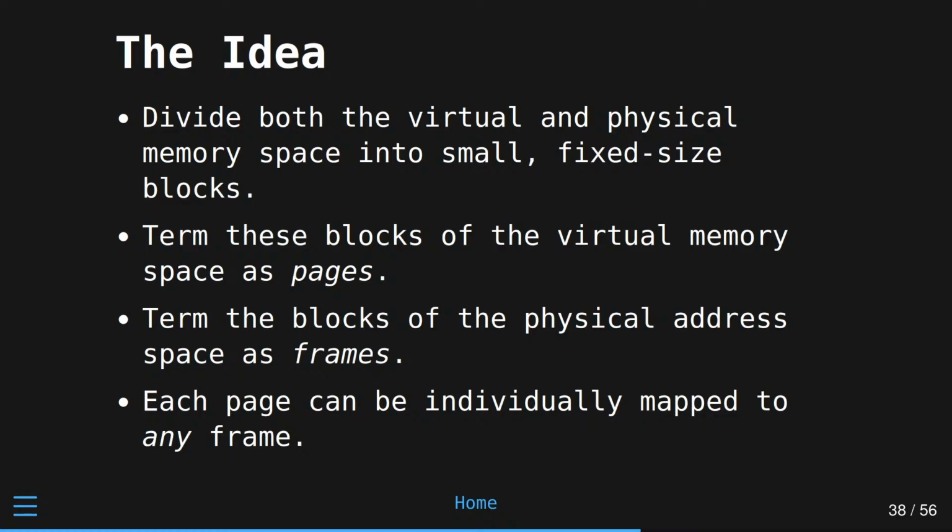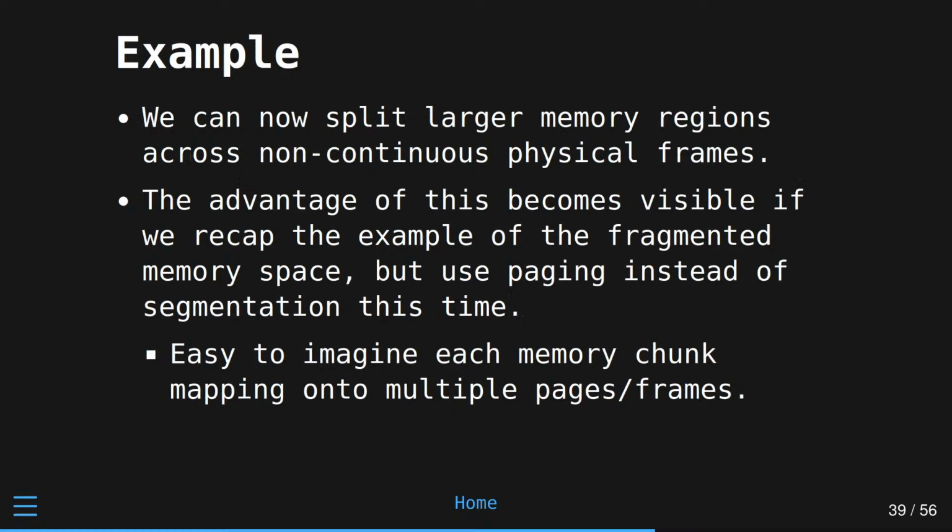So it is perceived as contiguous at the software level. That's what I did. The virtual memory spaces are called pages, and the physical memory spaces are called frames, so a page corresponds to a frame one-to-one. There is a bijection between pages and frames. Each page can individually be mapped to any frame, and you can change the mapping at any time.